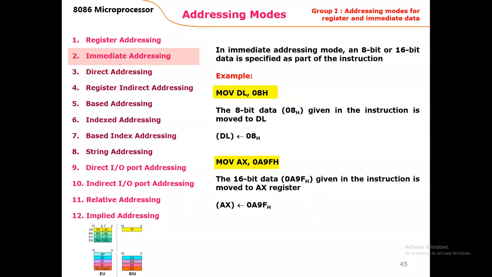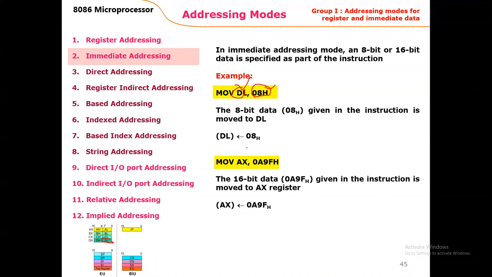And this is immediate addressing. This is 08, 8-bit data. This 8-bit data is transferred to the DL register. So the DL register receives 08. This is one data and another register. The 8-bit data is given in the instruction to move to DL.